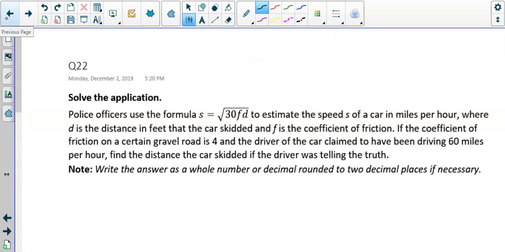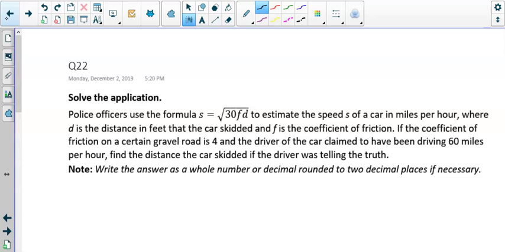All right, question 22. Here we go. So again, this is coming from 5.5. It's a word problem. They're giving you all the information you need. You just need to do a little bit of plug and chug again. Up here it says police officers use the formula S equals the square root of 30FD to estimate speeds of cars in miles per hour, where D is the distance in feet the car skidded.